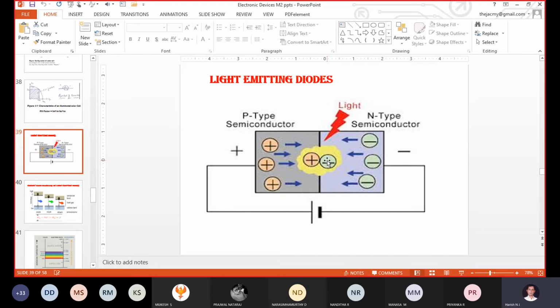Now we will discuss some prerequisites and what type of material we need to choose for the fabrication of an LED.